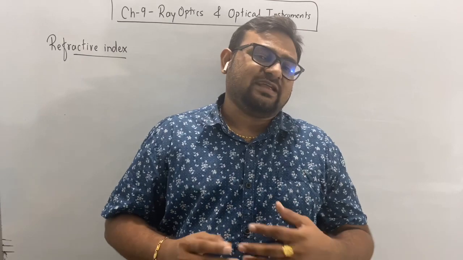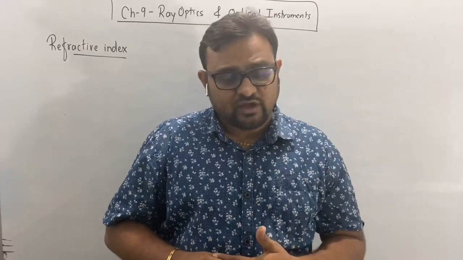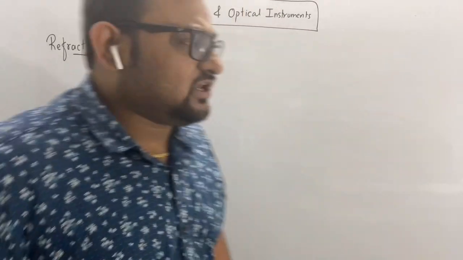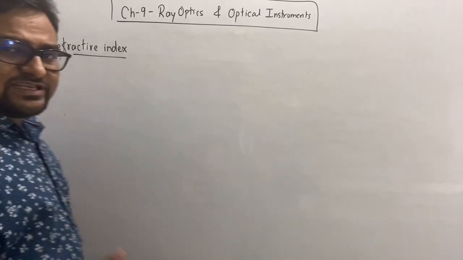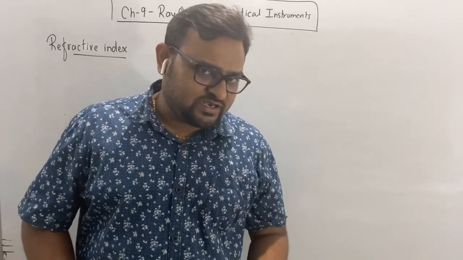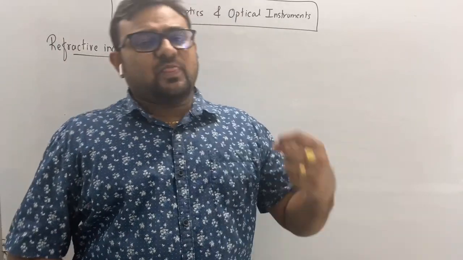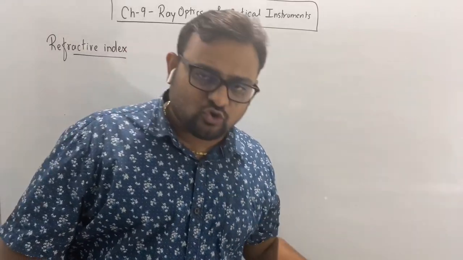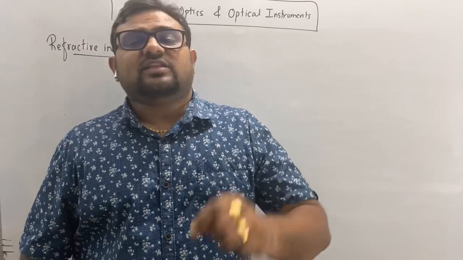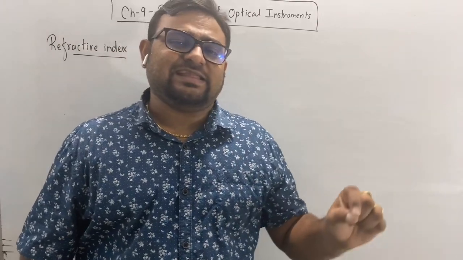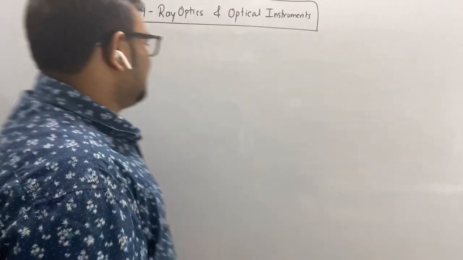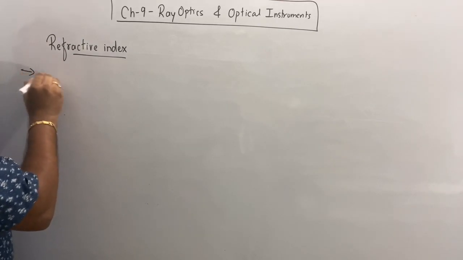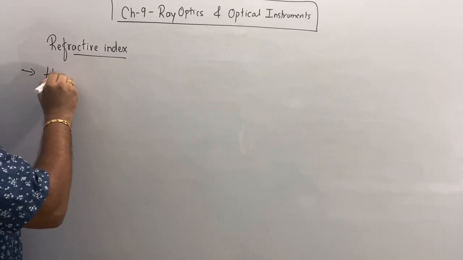Okay, so refractive index, or I will say absolute refractive index, is the ratio of velocity of light in vacuum to the velocity of light in that medium. So let's write down the definition. What is refractive index?